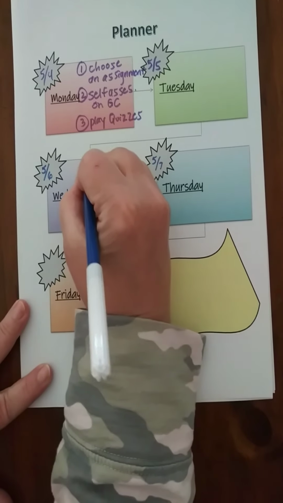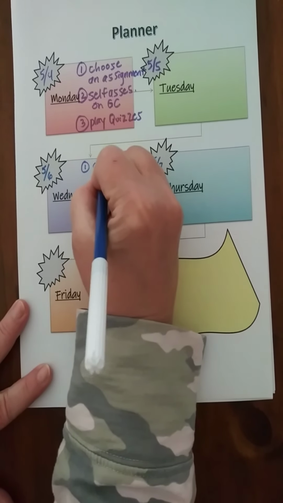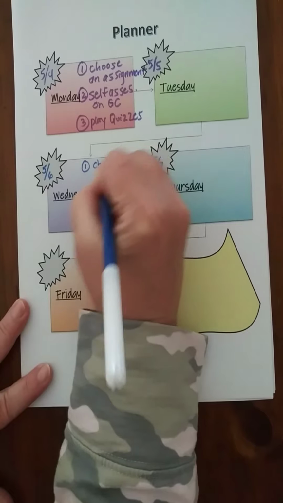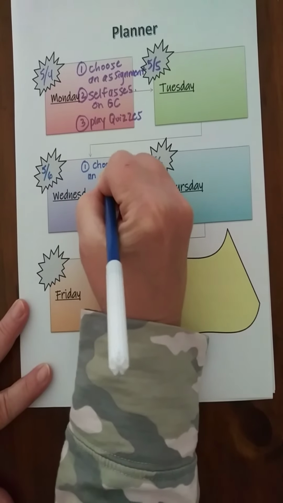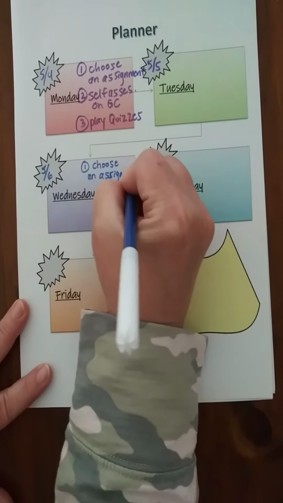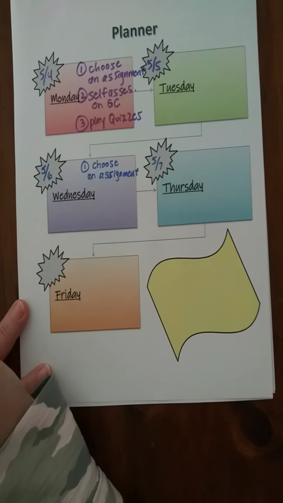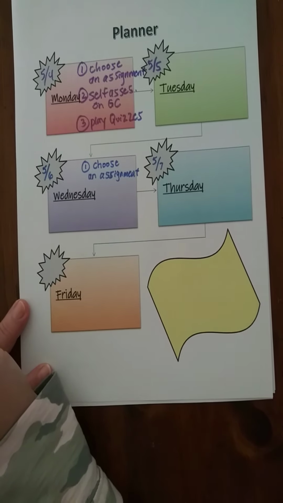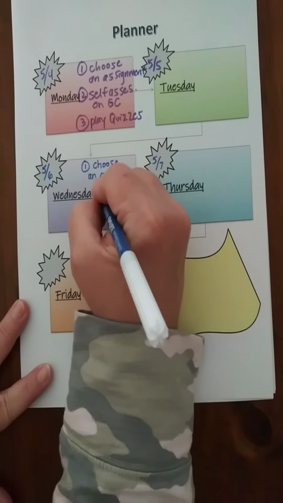So once again, the same thing. You're going to choose an assignment. And I have 4 choices on there again, so take a look through all 4, do which one you want, and check it. The keys are there. I want you to do the work first and then check it.